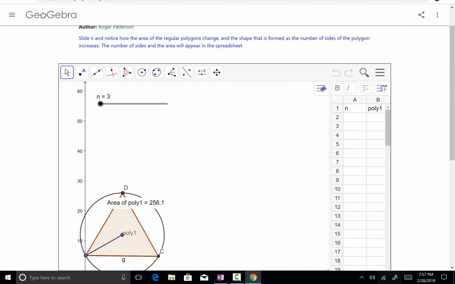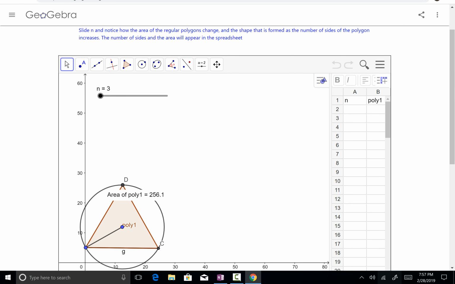As it says in the directions here, you're going to slide in, and you're going to notice how the area of the regular polygons change, and the shape that is formed as the number of sides of the polygon increases. This should only take you a couple minutes. So we'll go ahead, pause it again, wait a couple minutes till everybody's done, and then we can talk about it some more.